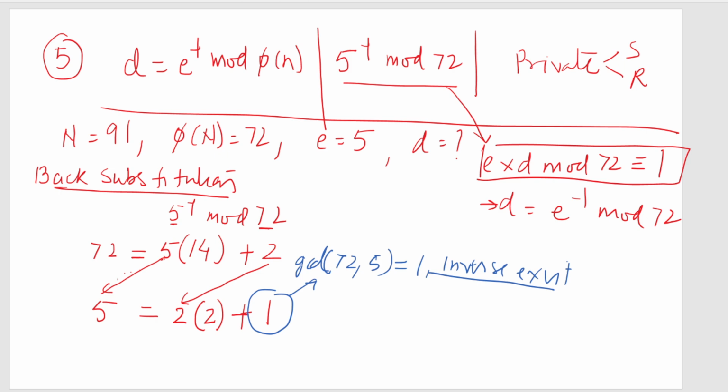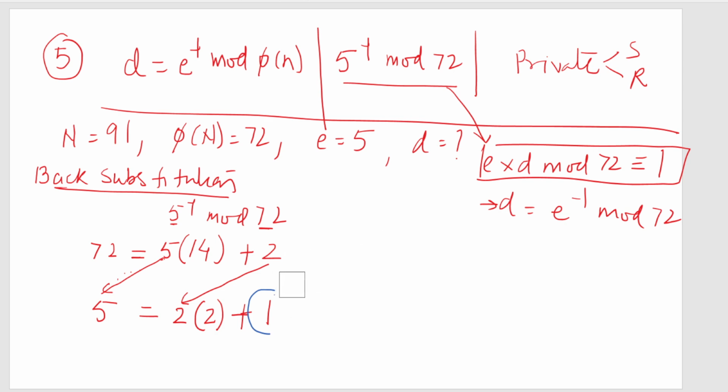So we find out that the inverse of the number exists with the help of this back substitution method. Now let us find out the inverse so that we can find the value of d in this equation.